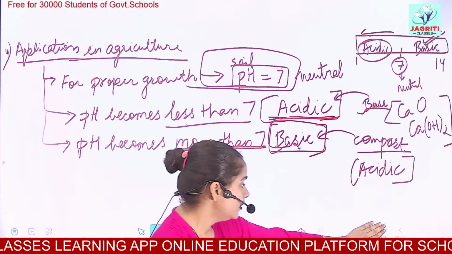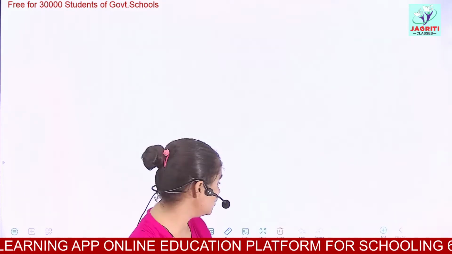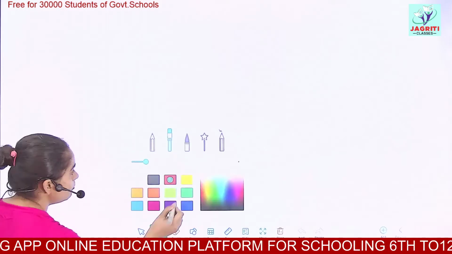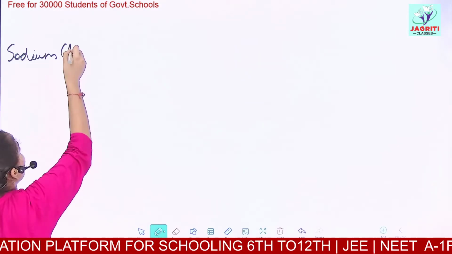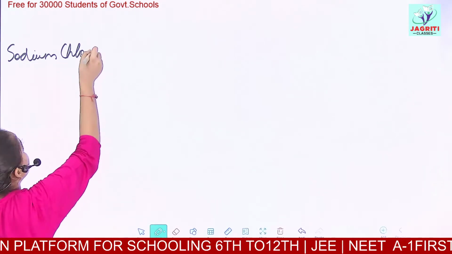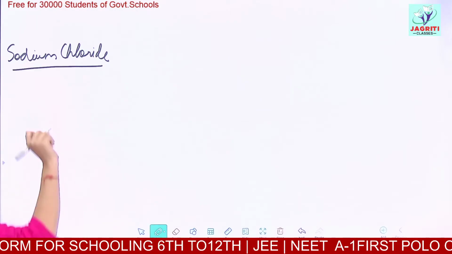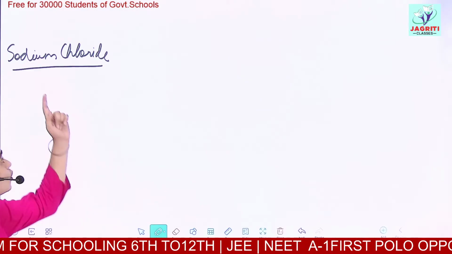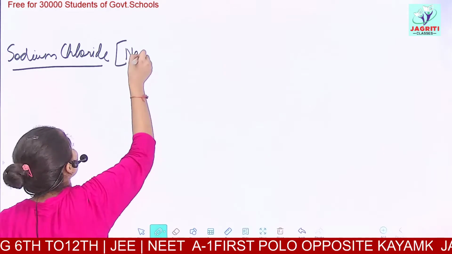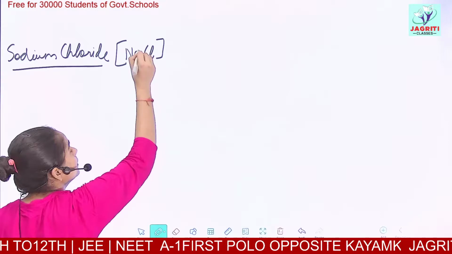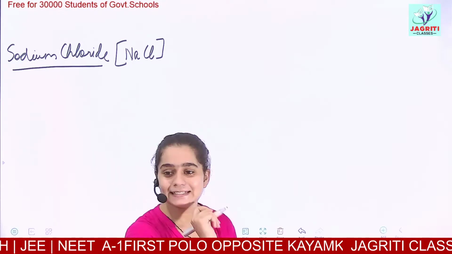Now we'll discuss the last section of this unit. First of all, I would like to discuss sodium chloride. A process is given in your books about sodium chloride, that is the process of electrolysis. What is the formula of sodium chloride? It is NaCl.